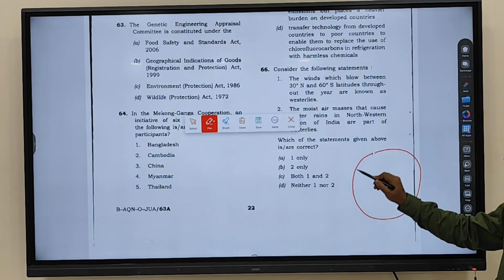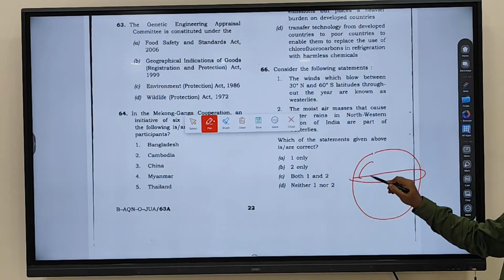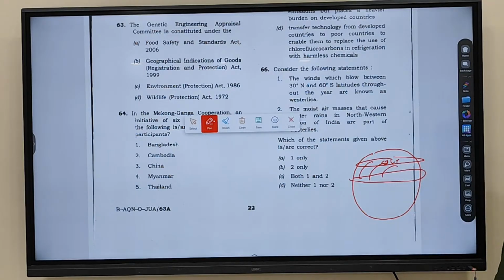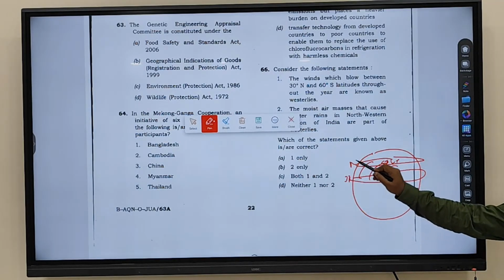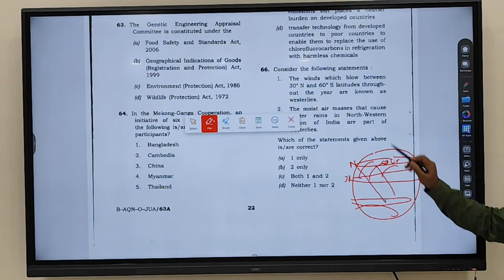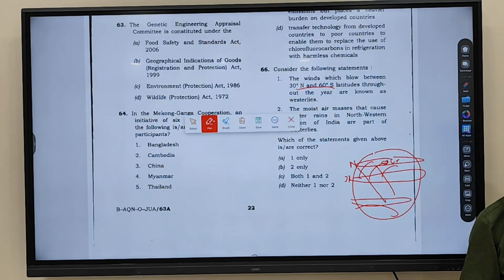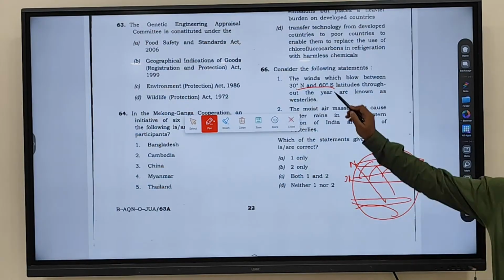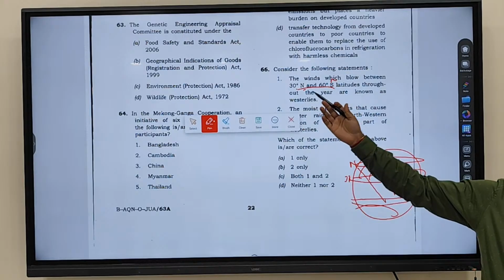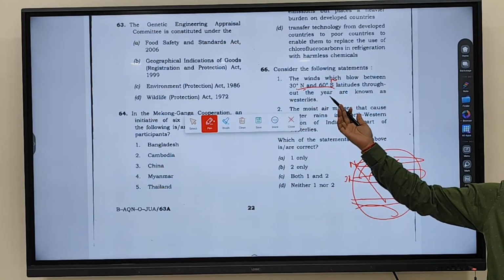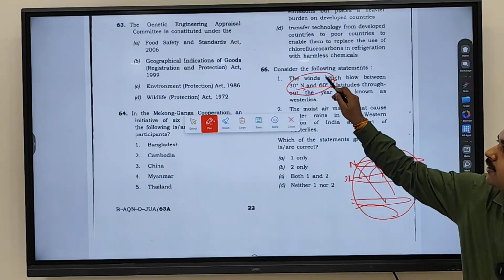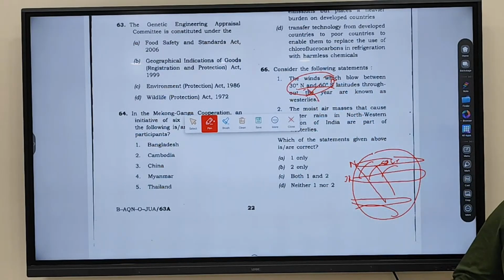From the subtropical high pressure belt to the subpolar low pressure belt, you will see blowing of this. So either it will blow in the northern hemisphere or in the southern hemisphere. How can it blow from northern to southern hemisphere? Either 30° to 60° north, or 30° south to 60° south. How can it be from 30° north to 60° south? The latitude itself is given wrong, so that's why this is a wrong statement.